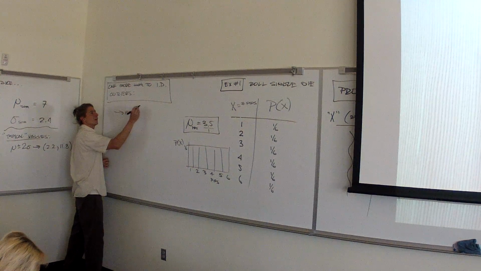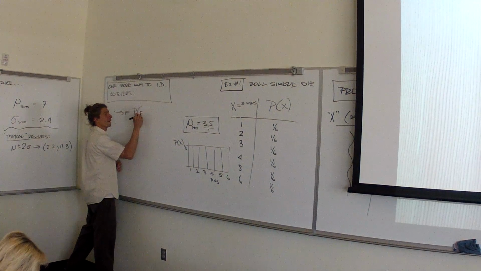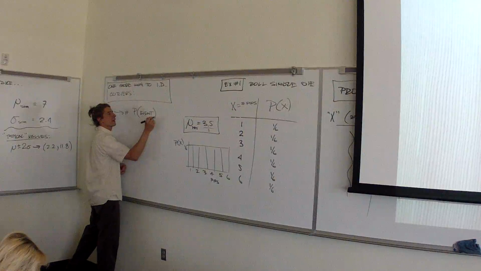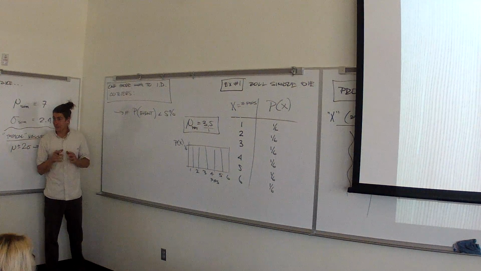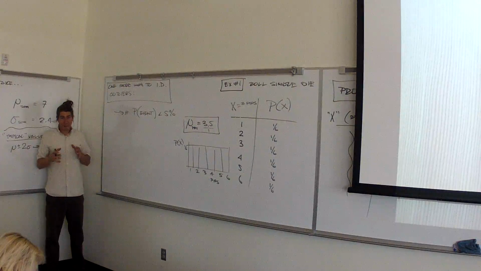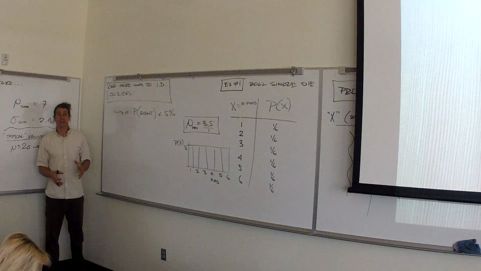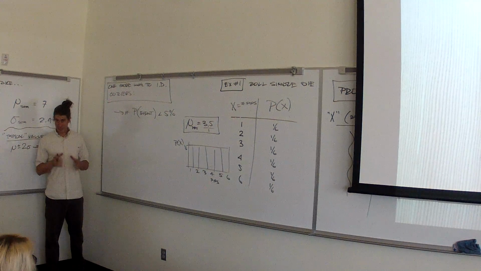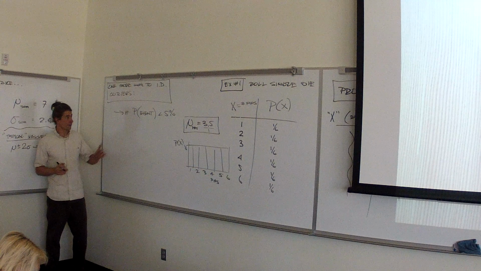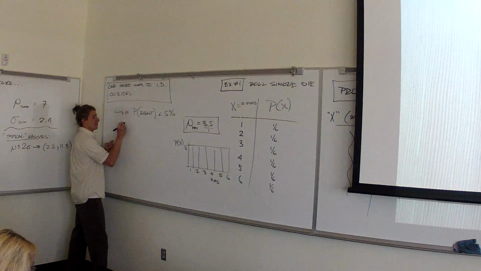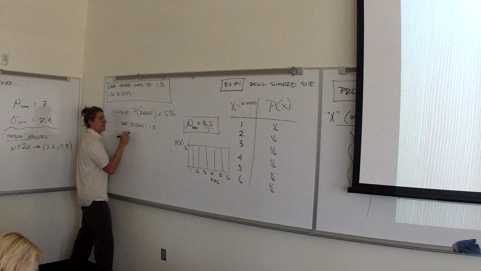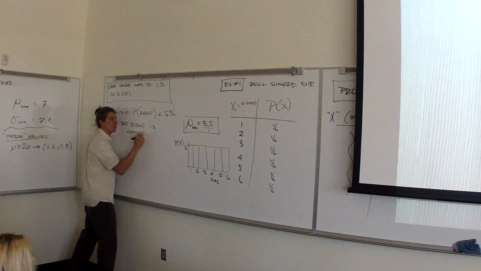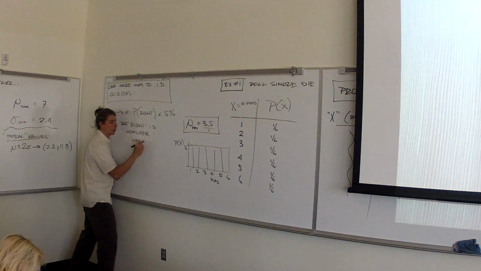If the probability of some event comes in at less than 5%, mathematically and statistically, that's generally termed an outlier. If something comes in at less than 5%, then that event is considered an outlier. Unusual, rare.